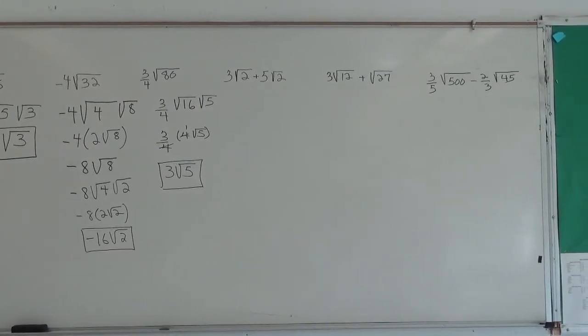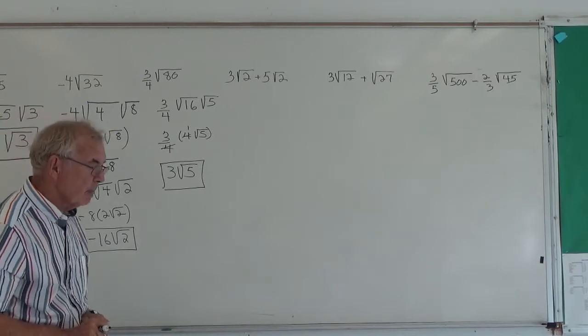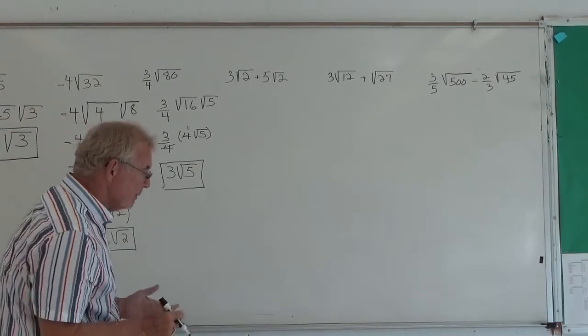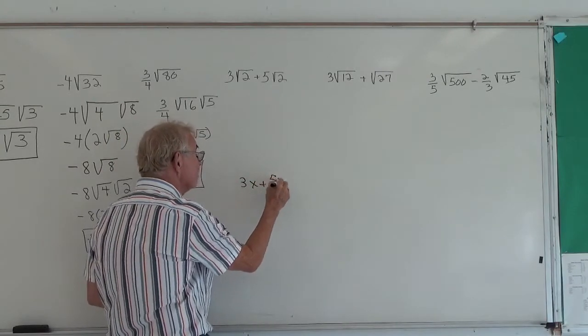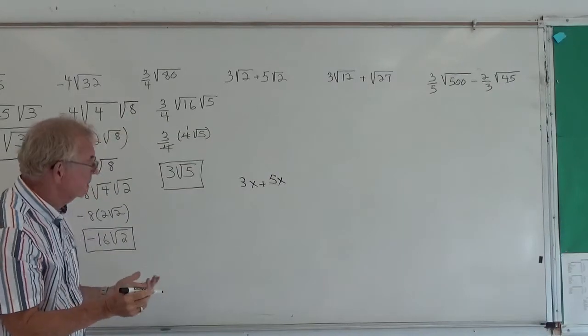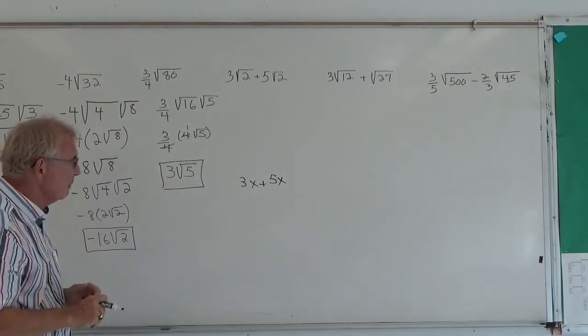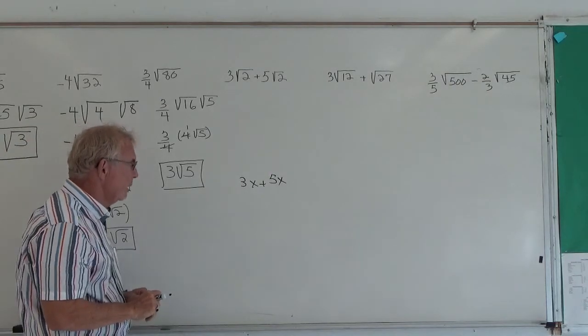Our next lesson we'll do multiplication and division. Okay, if I were to ask you to add 3 radical 2, 3 square roots of 2 plus 5 square roots of 2, think about it. Could you add 3x plus 5x? Could you add 5 apples to 3 apples? You say, yeah, I can add apples to apples. 3 apples and 5 apples would add up to 8 apples.